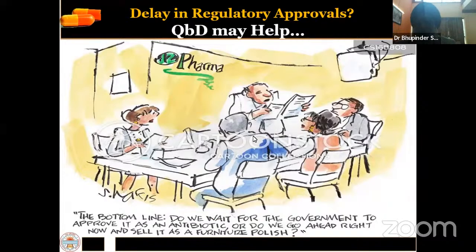The CMD is asking the management team to please endorse the advice to market this liquid product as furniture polish till the federal agency approves our product. This is how federal agencies have been working across the world, taking undue time. But with the implementation of QBD and proper understanding of QBD at the industry level and at the federal level, this process is being hastened tremendously.